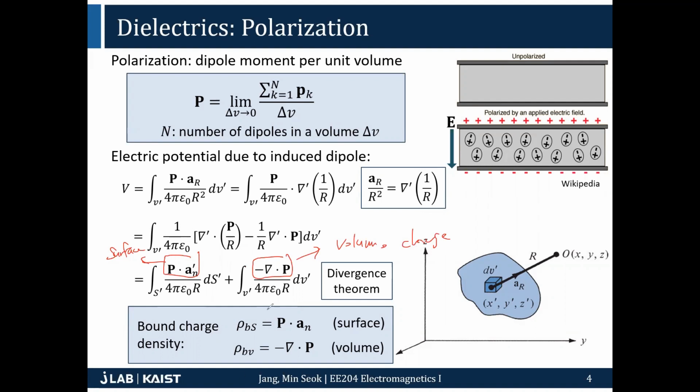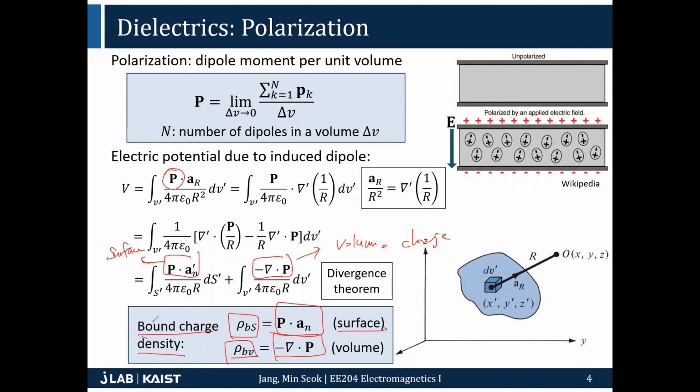So P dot AN gives you surface charge, and then negative divergence of P gives you volume charge distribution due to the polarization, right? So we can call this a bound charge density.